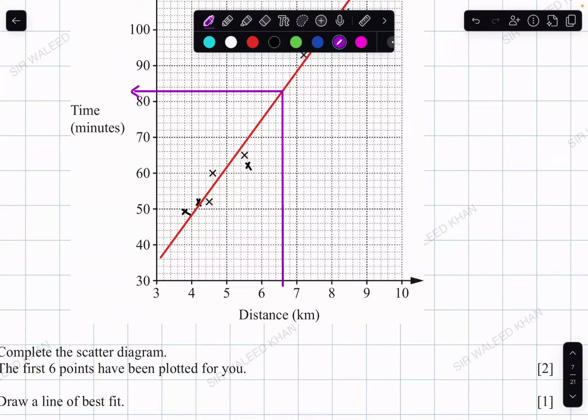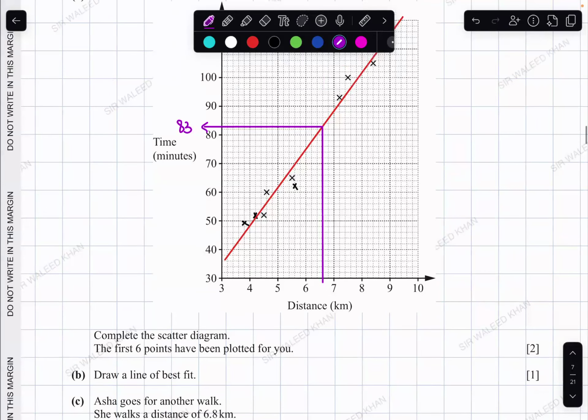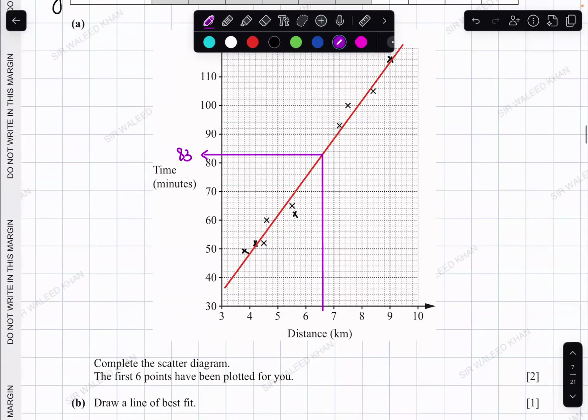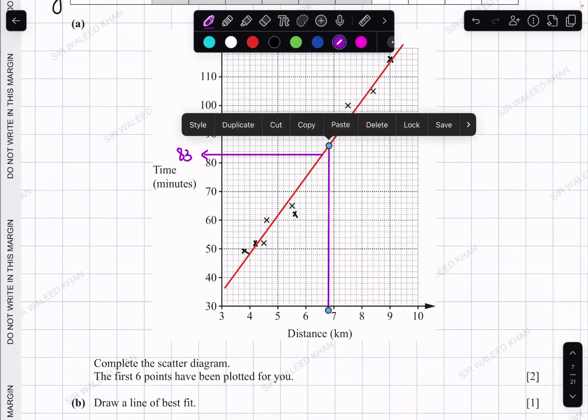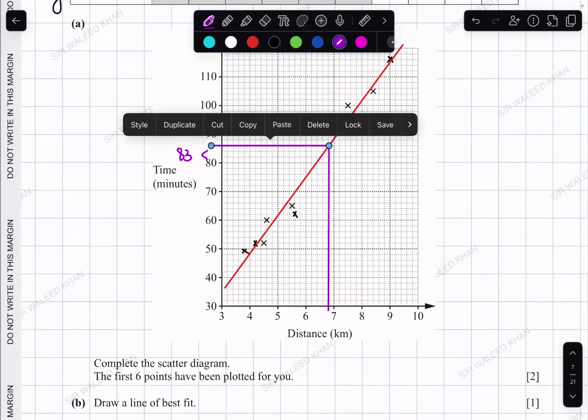It's 83 minutes. Okay, 83. No, I didn't draw it properly. It's 6.8, my bad, I drew it at 6.6. So this is 86.